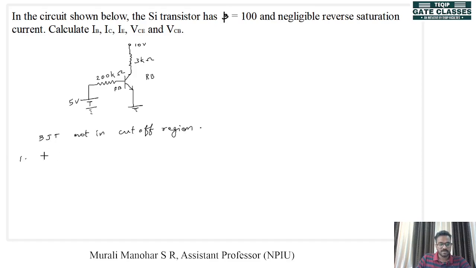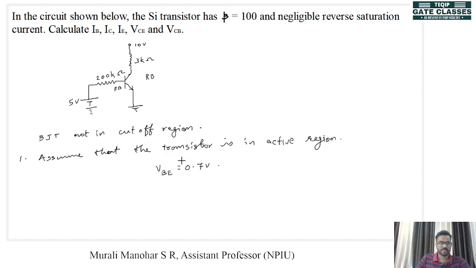So for that, we will assume that the transistor is in active region. This was our first method, right? If transistor is in active region, we know that VBE is going to be 0.7 volt because this is a silicon transistor.